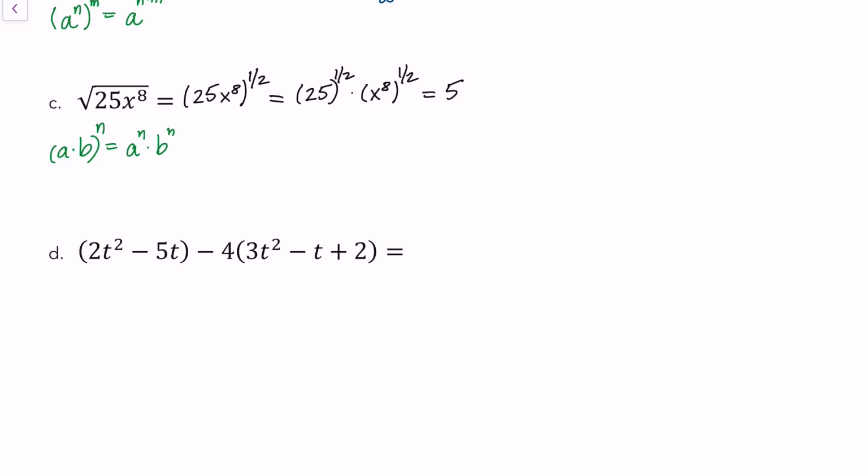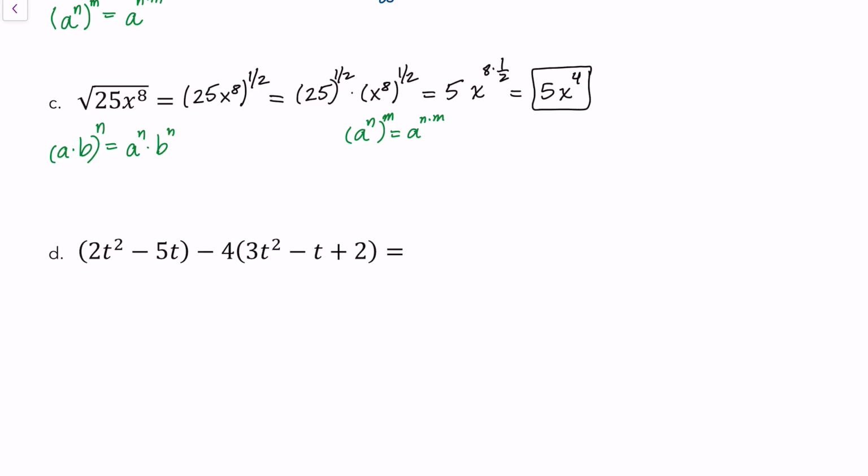And then over here, we can apply the law that says that a to some power n raised to the power of m is the same as multiplying the exponents like this. So here we're going to have x to the power of 8 times 1/2. And that is the same as 5 times x to the power of 4.